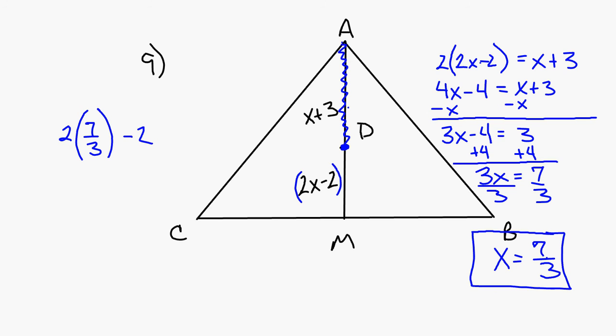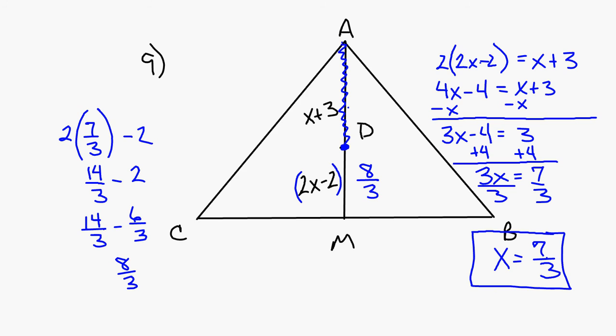And you got a calculator? Has anybody got a calculator? 2 times 7/3 is 14/3 minus 2. What's 14/3 minus 2? 14 over 3 minus 6 over 3 would be 8 over 3. So this piece is 8/3.